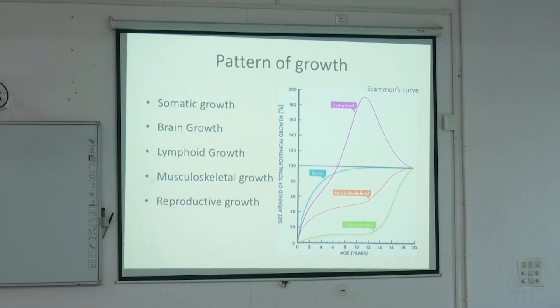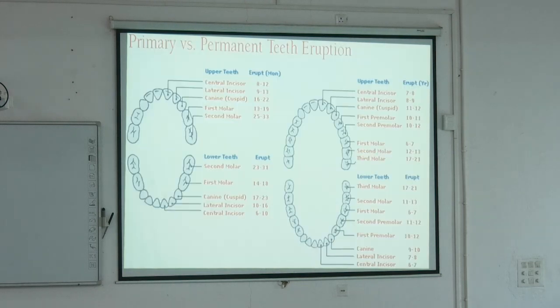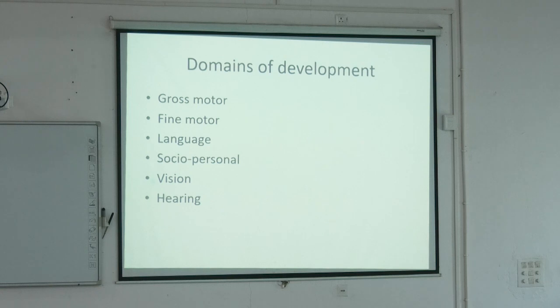At 2 years, 2 to 3 years, brain growth is peaking. The same with dentition. Then growth parameters, and domains, clear? So done for today.